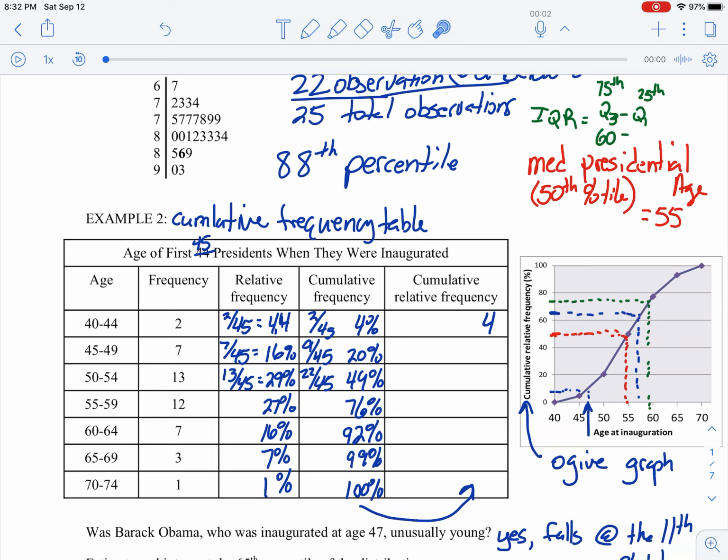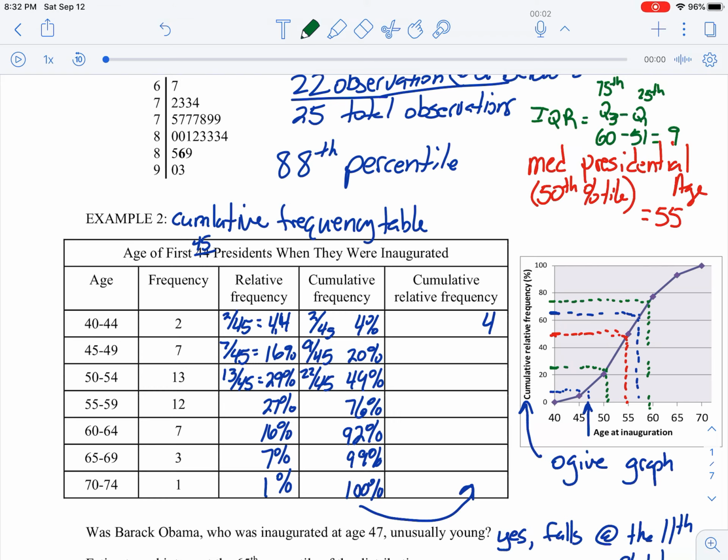On my cumulative frequency, I'm going to find where the 25th percentile is. We make a mark here, go over to my chart, and go down. I'm going to call that 51. So from my ogive graph, I can determine that the interquartile range was 9.